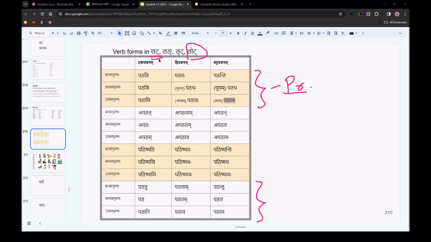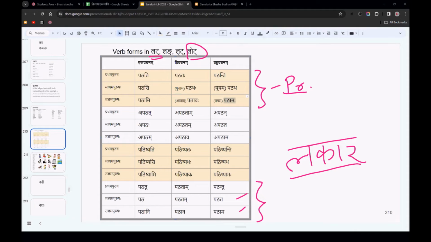Just for information, the tenses or kala and the moods are called lakara in Sanskrit grammar. Lakara means it is either the tense form or the mood, like imperative mood.